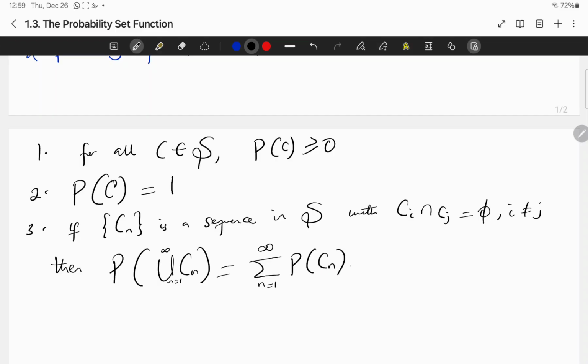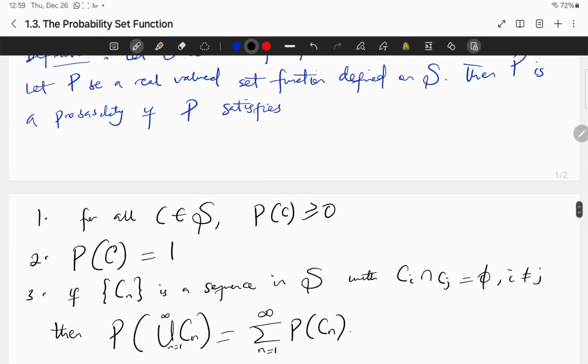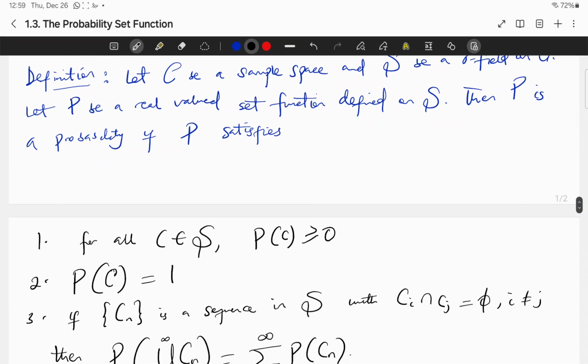So these three conditions must hold, then we consider P a probability.